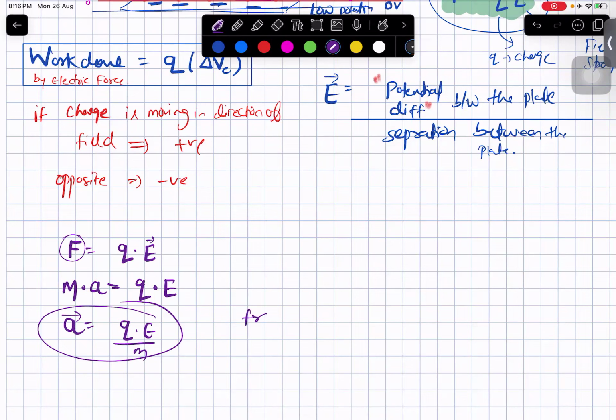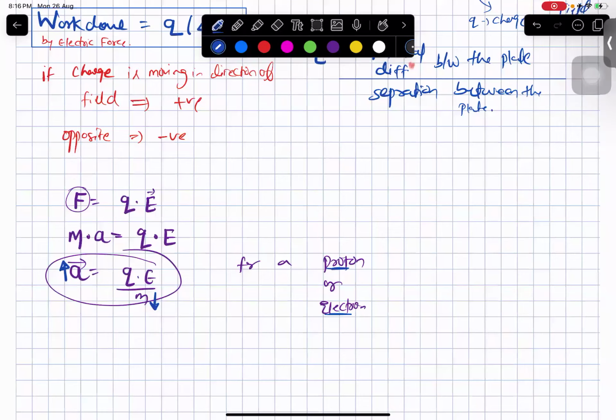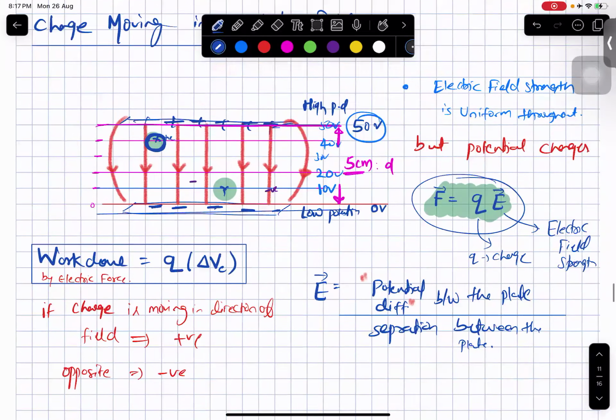So for a proton or electron, which one will have a greater acceleration and why? Electron will have a greater acceleration because it has lower mass. As the mass is smaller, the acceleration will be greater. I'm assuming it's in the same electric field and same charge. Do you understand this?